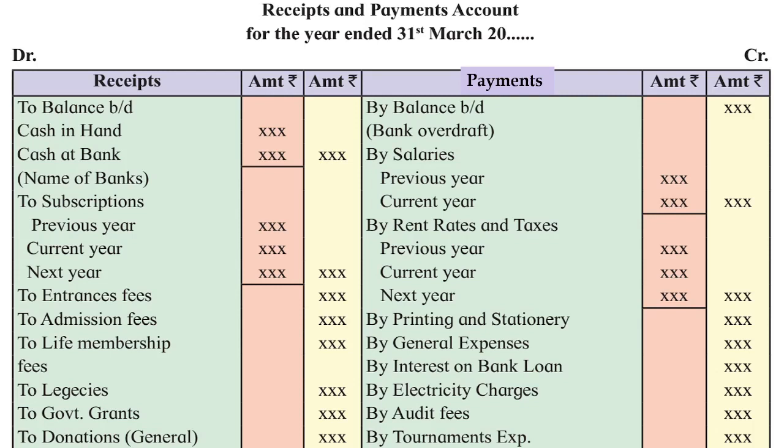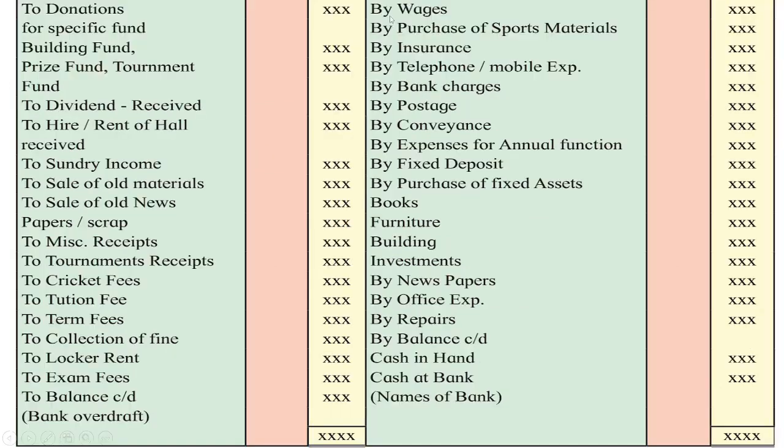Keep in mind, student, this is like a profit and loss account. In a profit and loss account, the expenses which are debited are revenue expenses. So same here. See, wages is also a revenue expense, hence transfer to the expenditure side. Thereafter, purchase of sports material.